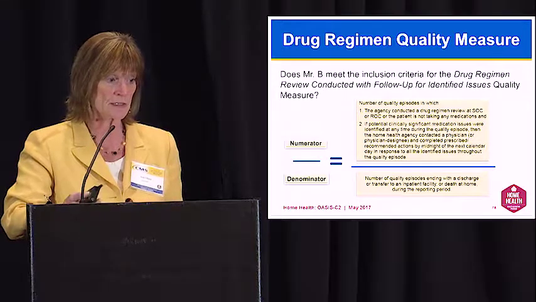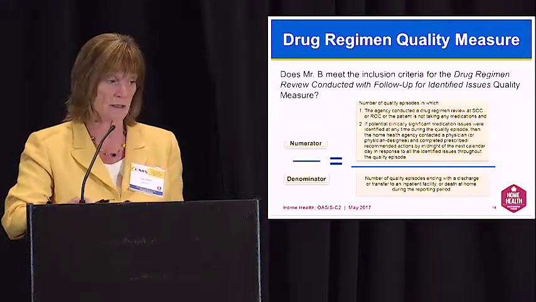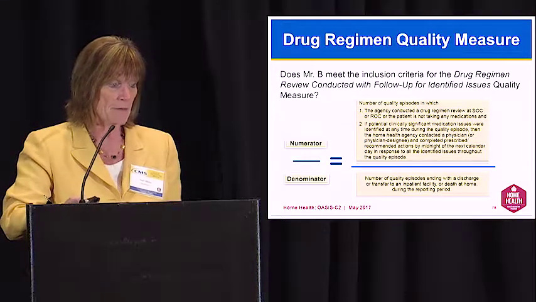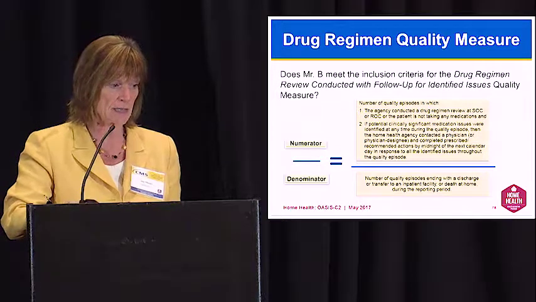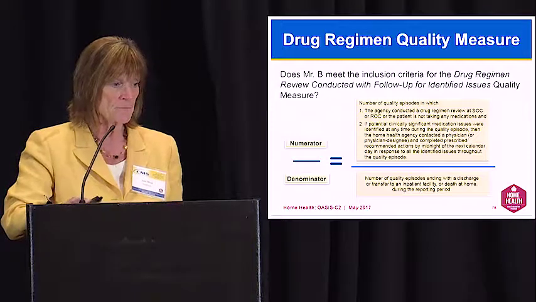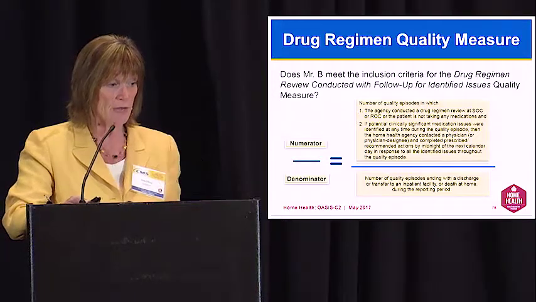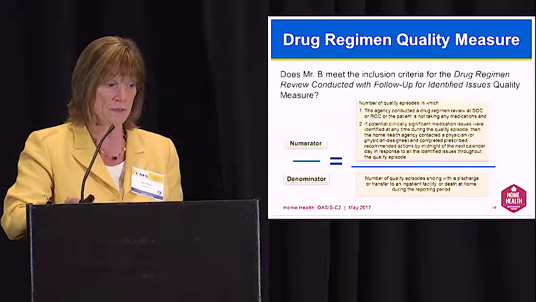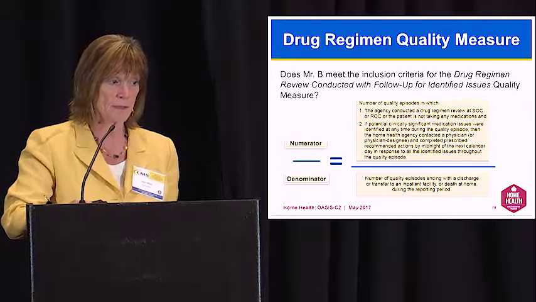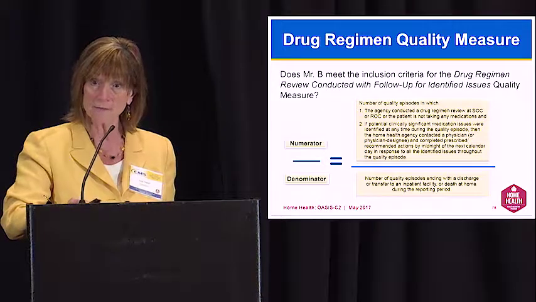And then the nurse did identify some potentially clinically significant medication issues at the time of the quality episode. The home health agency did contact the physician and completed the recommended actions. That, as the numerator, divided by the number of quality episodes ending with a discharge or transfer. Do we feel that Mr. B met that inclusion criteria?